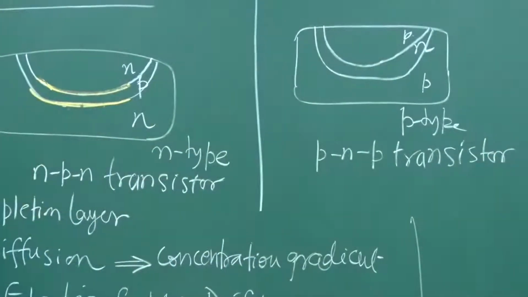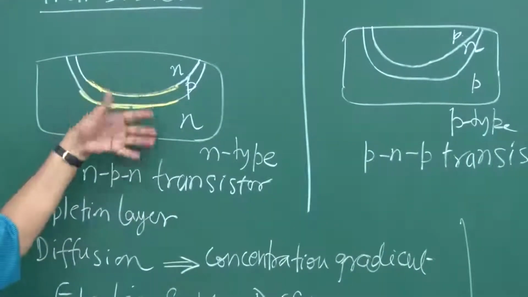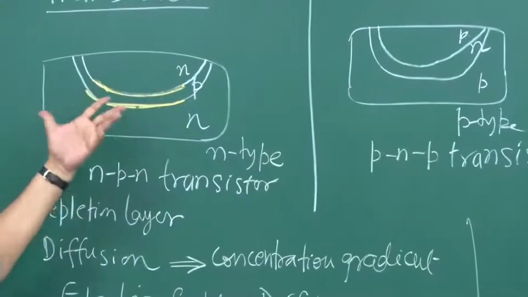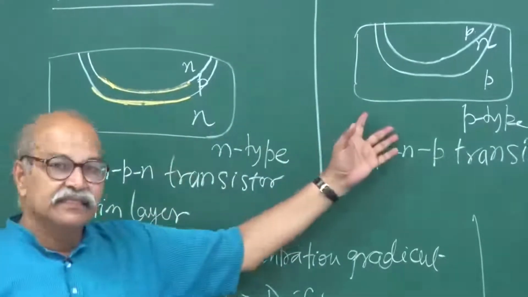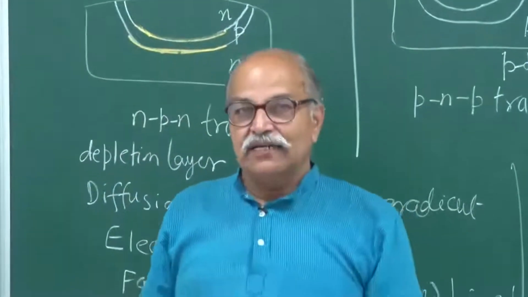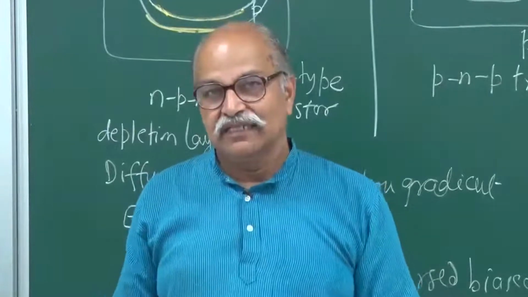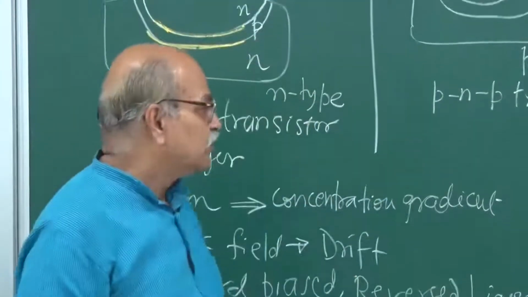Okay. But most of the time we will be using this NPN to describe all the physics and all the processes, and the only difference between this and this is that all the directions of currents will be inverted, and all the polarities of the batteries that you connect will be inverted. Otherwise the remaining thing is almost the same.